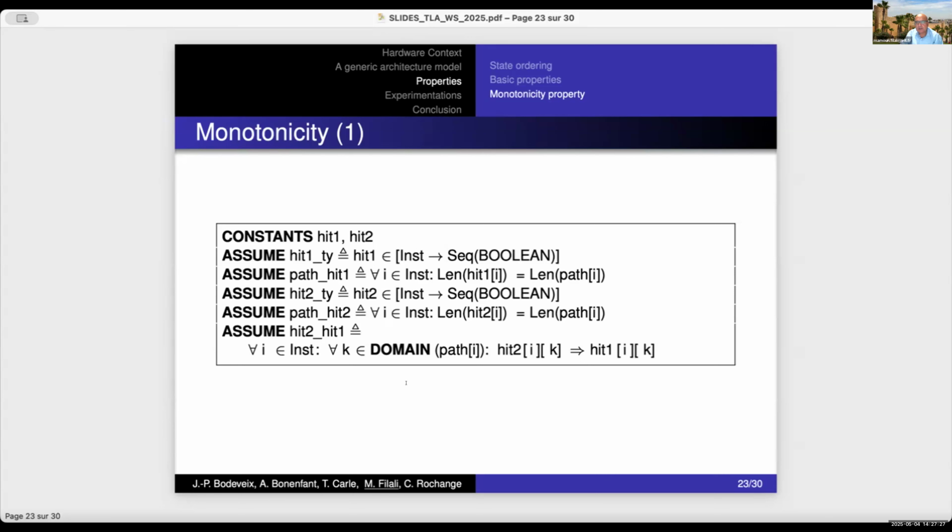So here we just remark, this is what we call a hyper property, because we do not reason over one execution, but over two executions: the execution of the first pipeline and the execution of the second pipeline, and we want to compare the executions over the two pipelines. This is why we call this a hyper property.